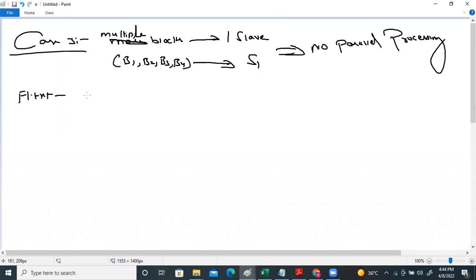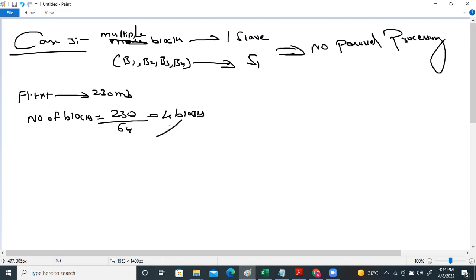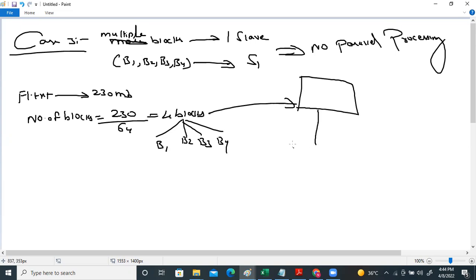F1.txt file. Assume it's 230 MB. The file is always divided into blocks, 4 blocks: B1, B2, B3, B4. How are they getting stored? This is the master node, and only one slave node.